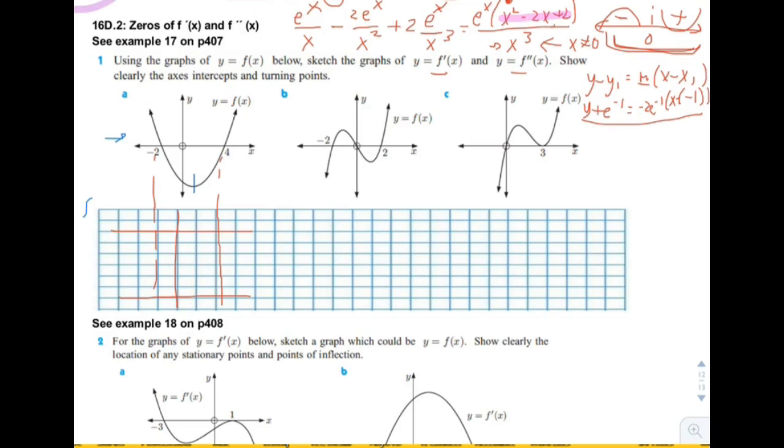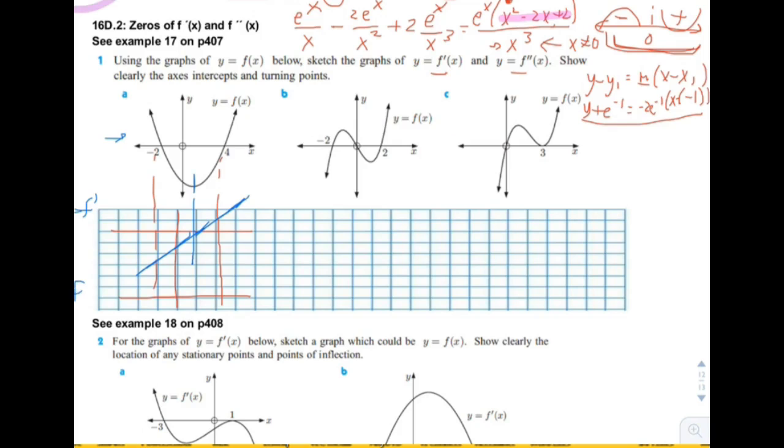So f dashed is going to be negative, and then when it gets to here, it becomes positive. It's a parabola, so the derivative is a line. It's going to have a negative slope until it gets to here, and then a positive slope. Okay? And so that's f dash.